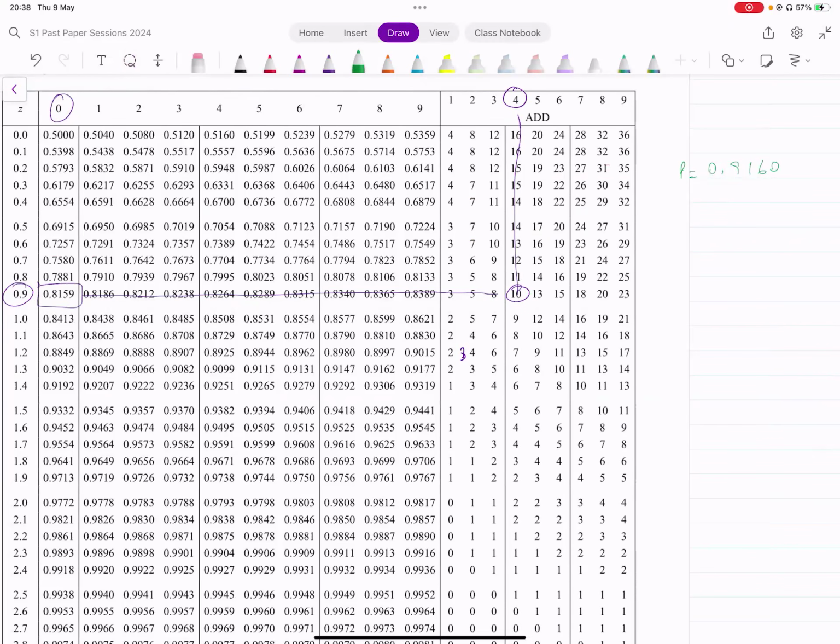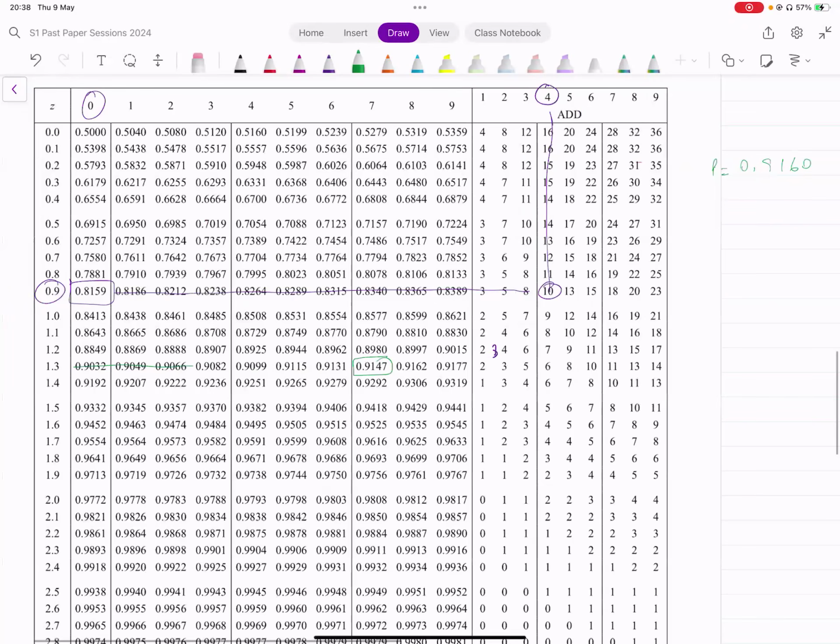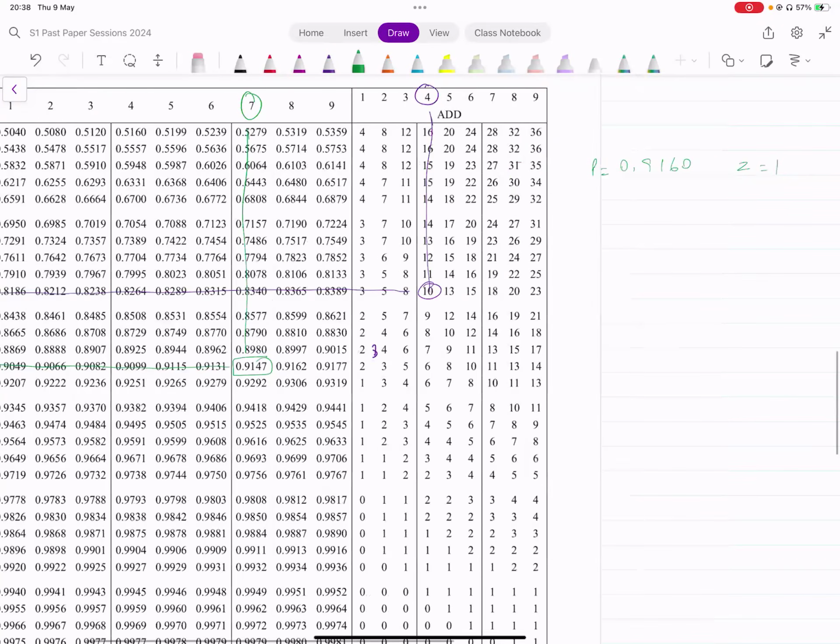You can say 9160, right? Because probabilities are to 4 decimal places here. 916 is the smaller number than that. So what do we take from there? 1.37. So Z is 1.37. This is corresponding to 0.9147.